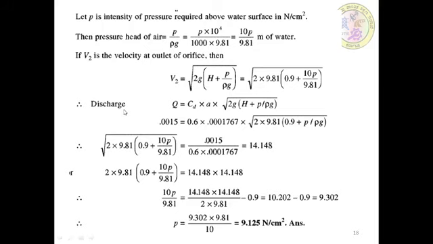And now the discharge is given by Q = CD into the cross sectional area of the orifice into velocity. CD is given, discharge is also known, and the only unknown remaining is P. So now solve for P. After simplification, P works to 9.125 Newton per centimeter square.